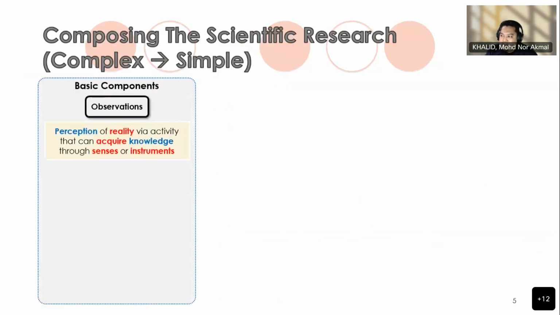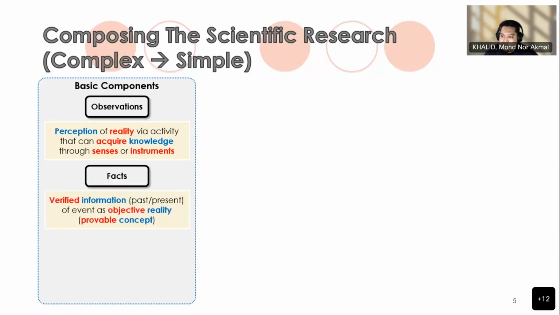So I would like to break this scientific research process down from the very complex part into the simplest form. Basically, in research we have several basic components. First, what I call observation. This observation is usually what we perceive of our reality when we try to acquire knowledge by using instruments, sensors, and so on.